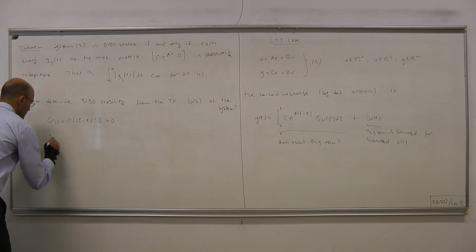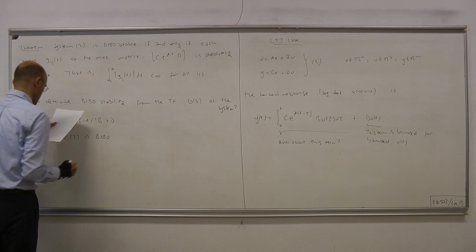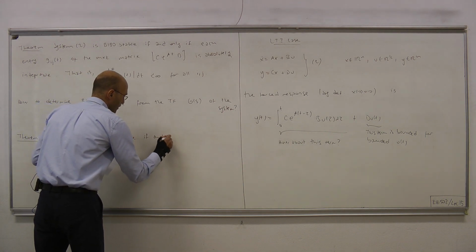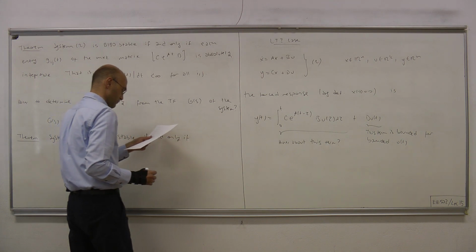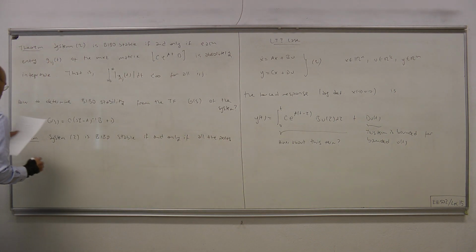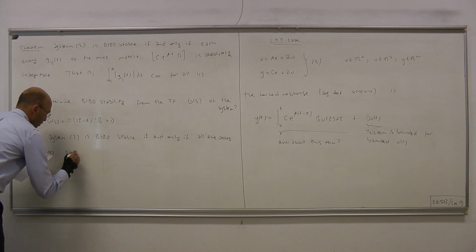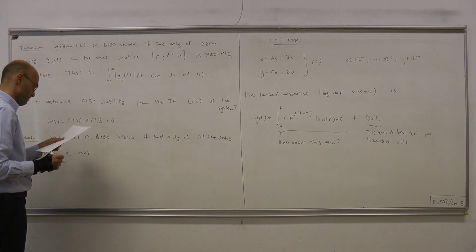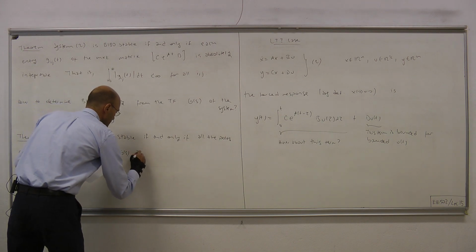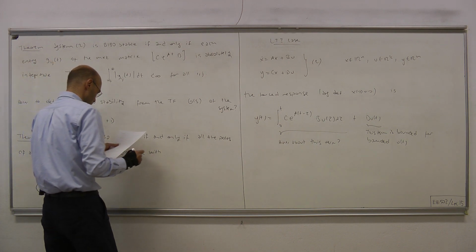System 2 is BIBO stable if and only if all the poles of all entries of the m by k transfer function matrix G of S are on the open left half plane, that is, with negative real parts.